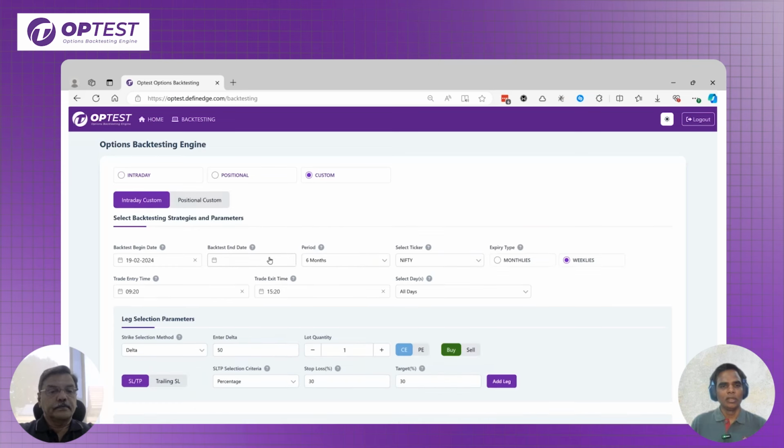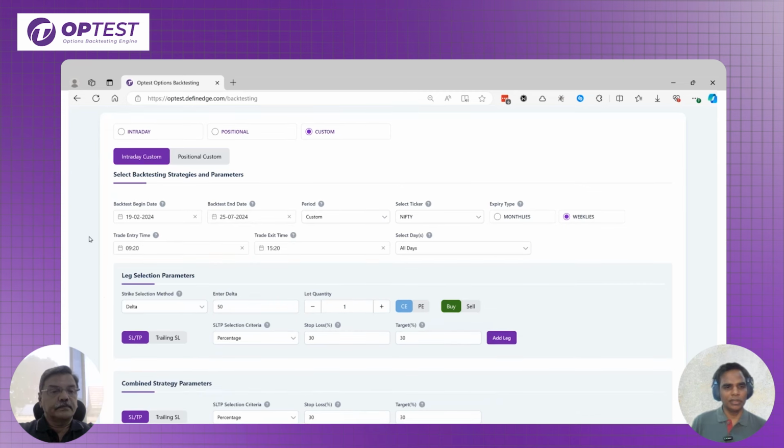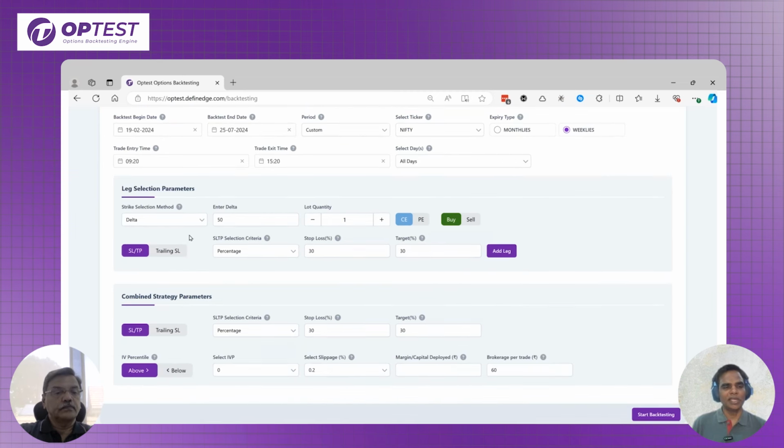Yeah. So, for example, I want to do a short straddle strategy. Then you tell us the backtest begin date, end date, and period and so forth. Now you can add each and every leg. So here you have leg selection parameters.